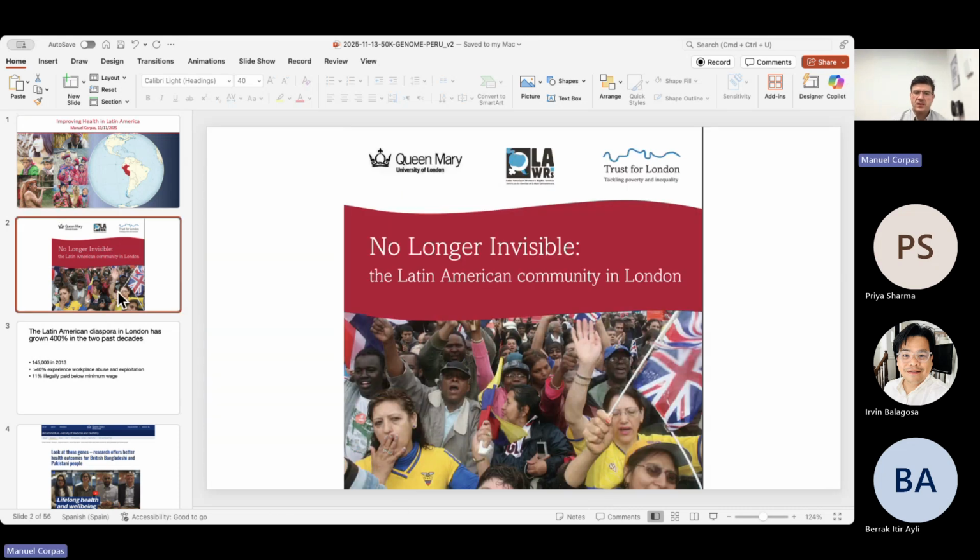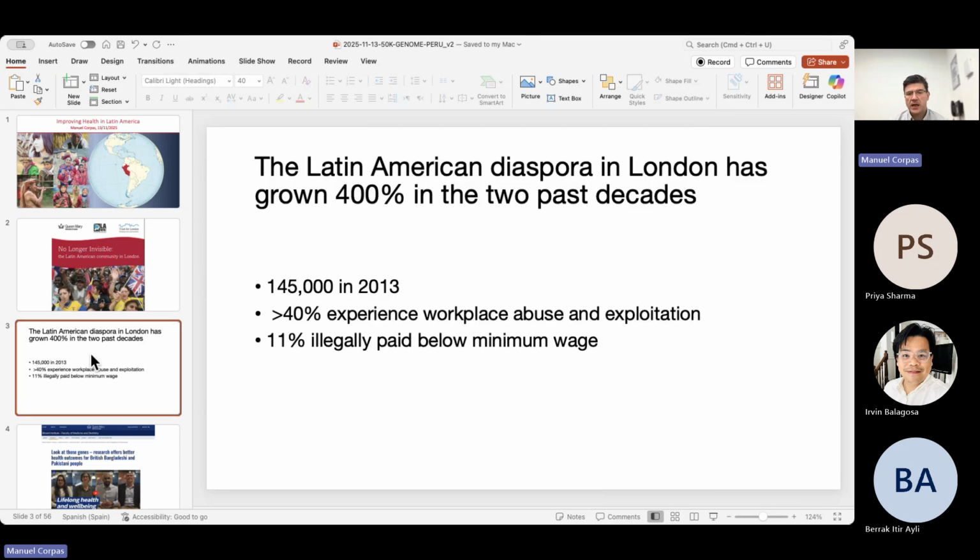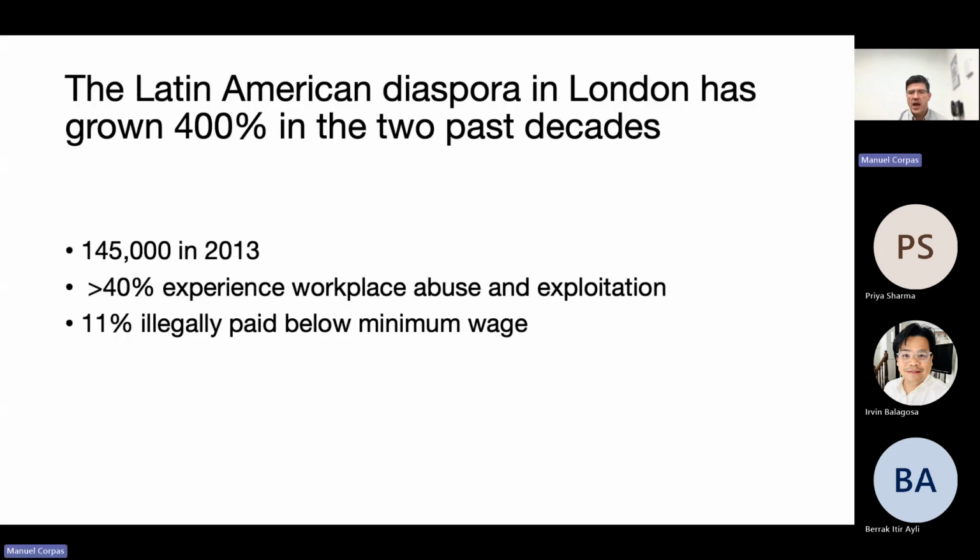So this community actually is no longer invisible in London. In fact, the Latin American diaspora in London has grown by 400% in the last two decades.